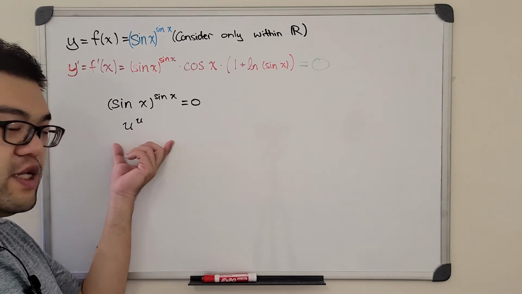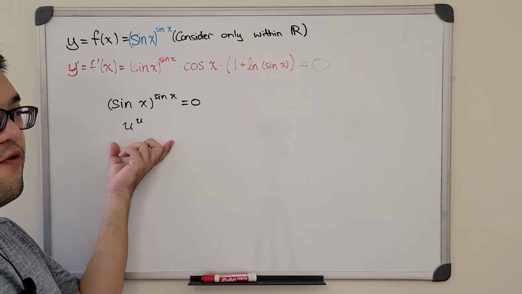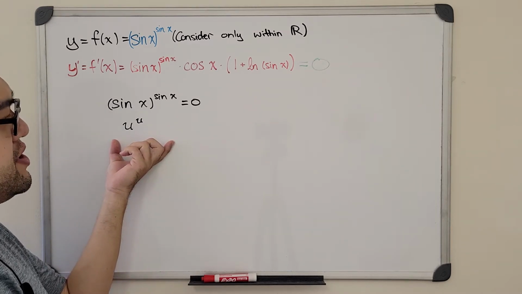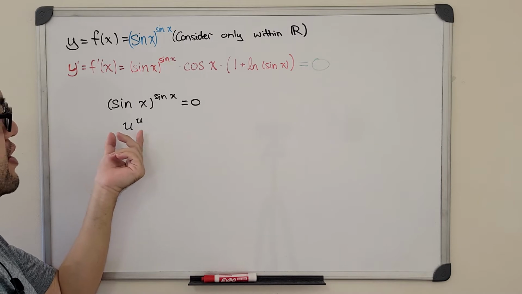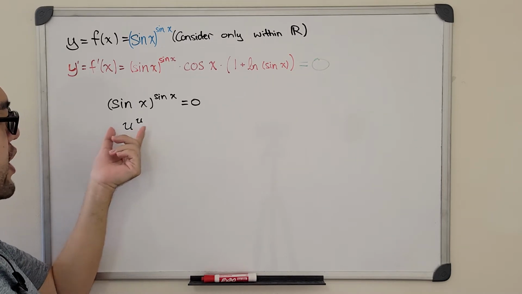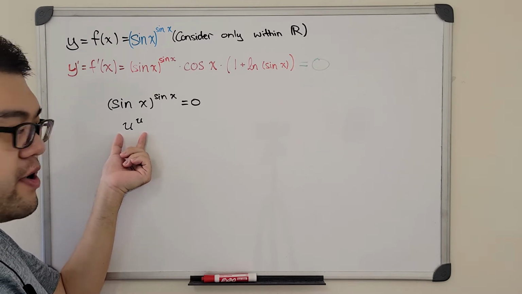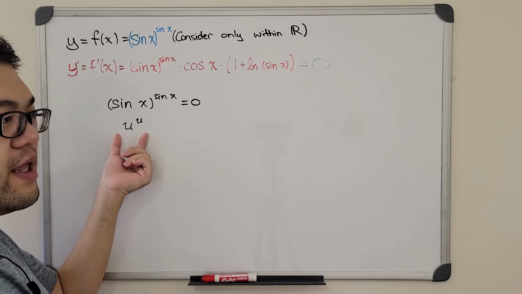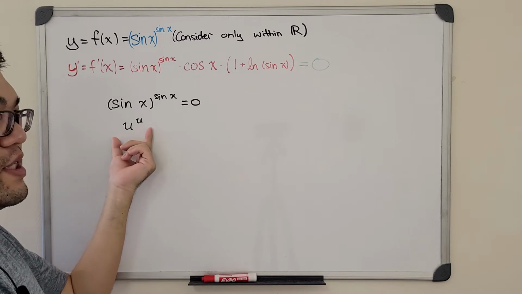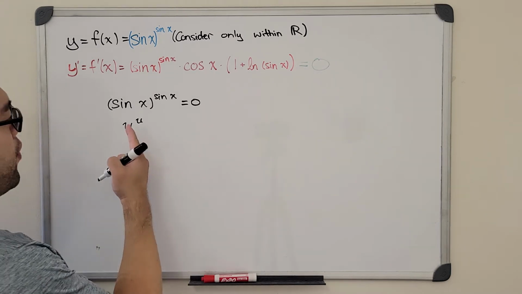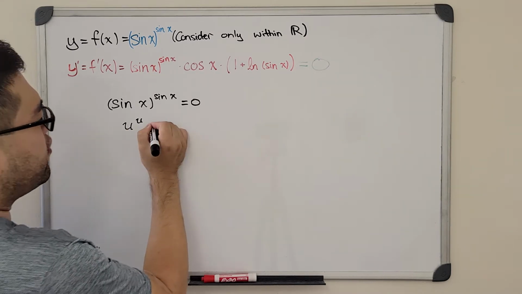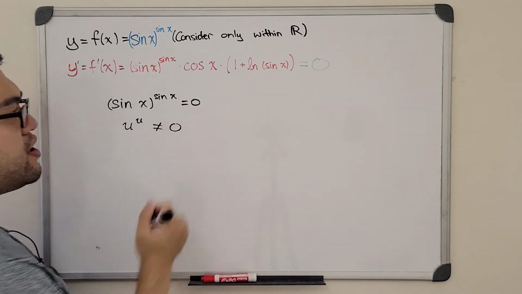But we actually did this already in the very first part of this short series. We have analyzed the function x to the x power, and here we call it a dummy variable because we can use any letters or any variables to represent this kind of function. But we know that this function will never equal 0 on the real line.